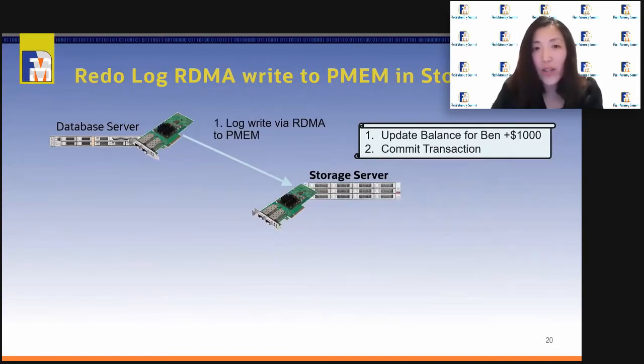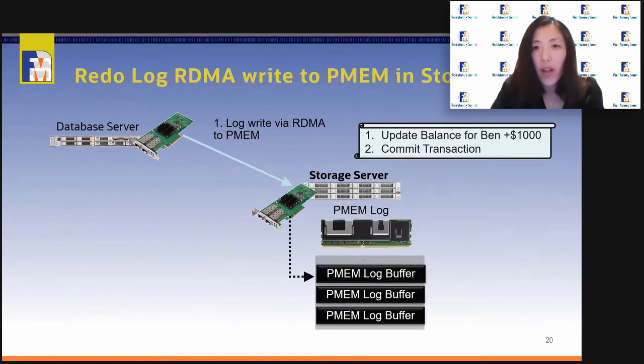What we can do is send the RDMA containing the log write to the storage server. And in the storage server, we create a shared receive queue that has a ton of PMEM buffers sitting there waiting for the redo to land. And then we deposit the redo into one of those available PMEM log buffers.